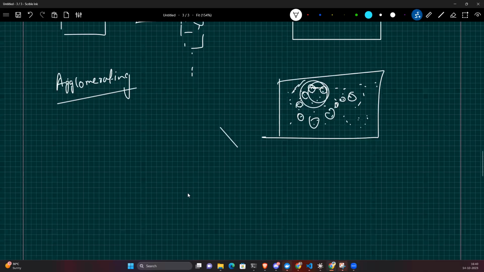Just try to understand: we have data points, and we are trying to create K clusters, number 1, number 2, number 3. This is called K. K is the number.